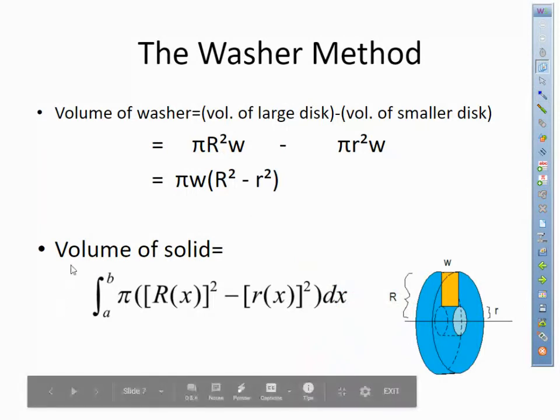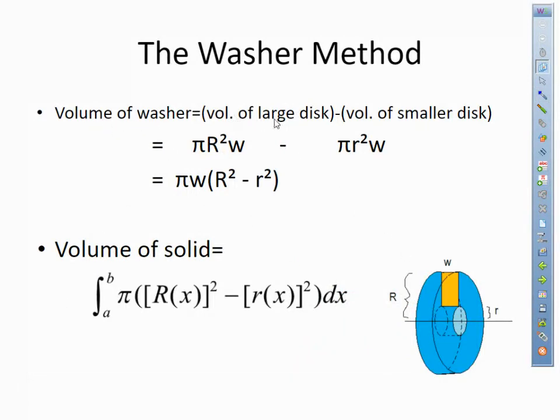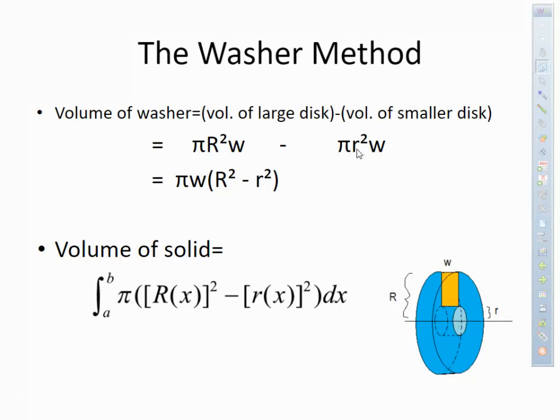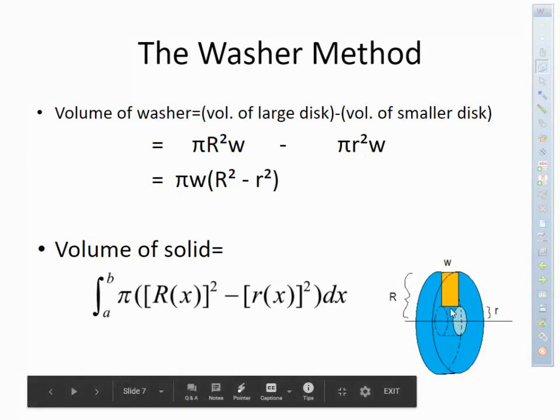So this is what's going to happen. The volume of our washer is going to be the volume of the larger disk, which is the circle, pi big R squared times its width, minus the volume of the smaller disk, which is going to be another area of a circle, pi little r squared, with the same width, okay?